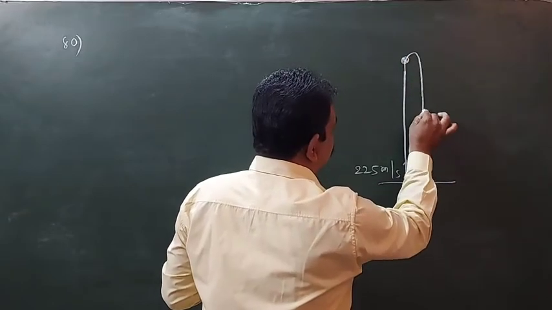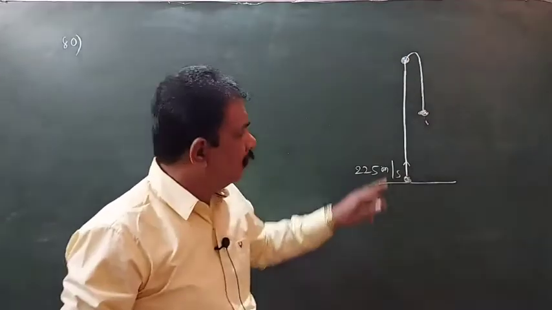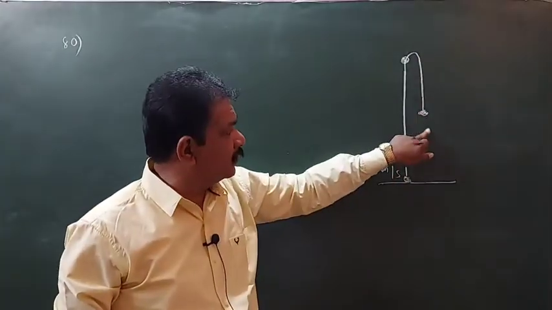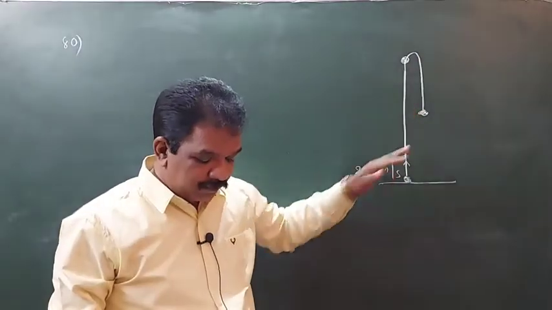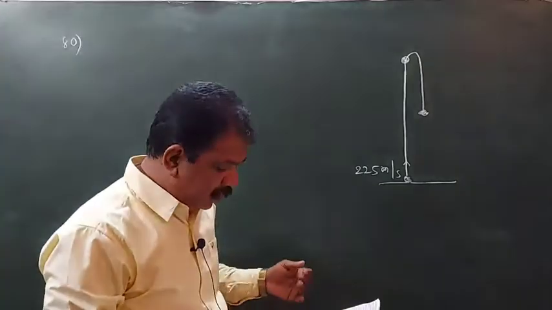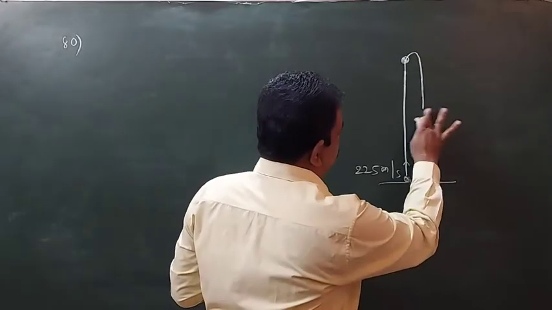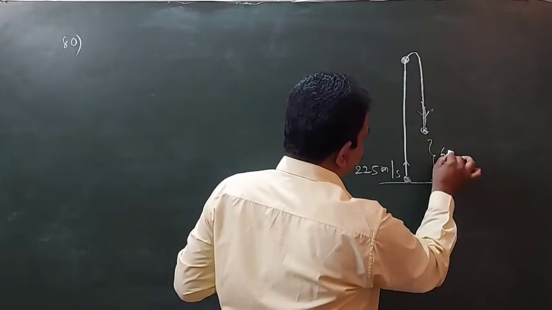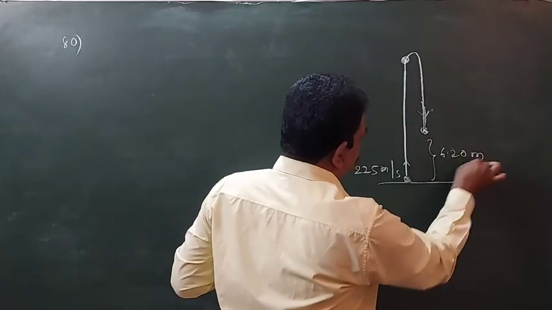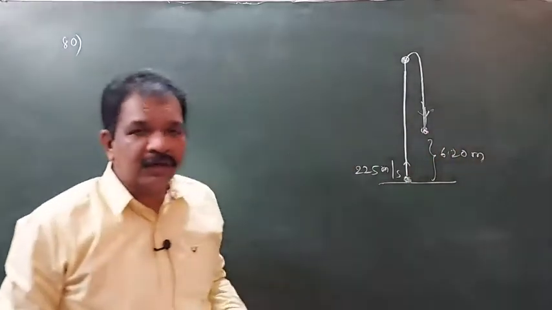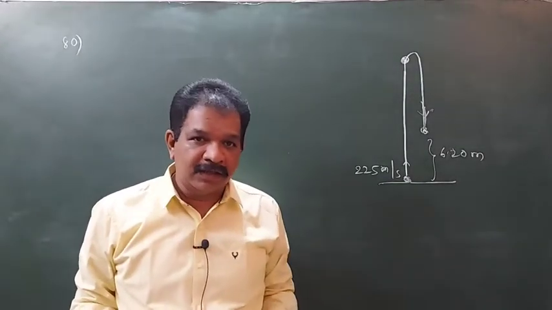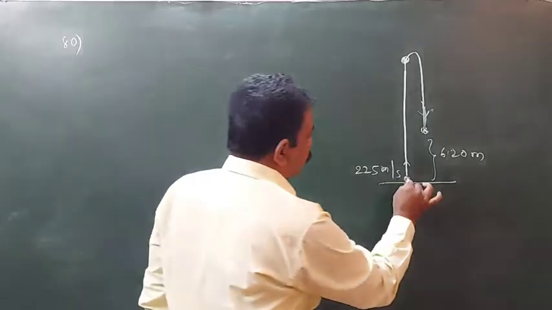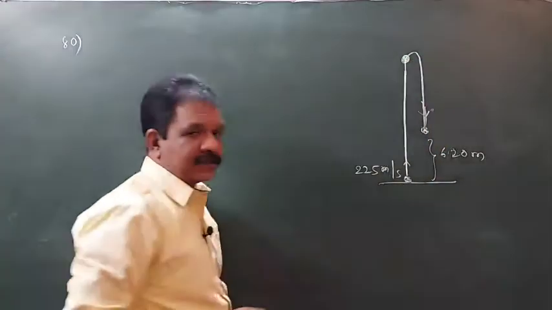Actually, it won't fall in this manner, it will fall in the same line. So, in the downward journey, when it is at a height of 620 meters, to come from here to here, how much time is taken? That they are asking. We'll find how much distance is there from here to here.